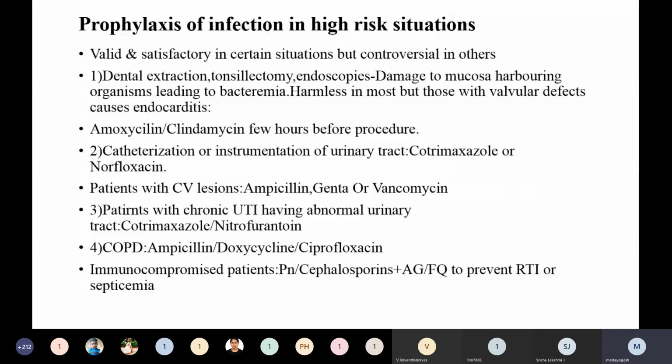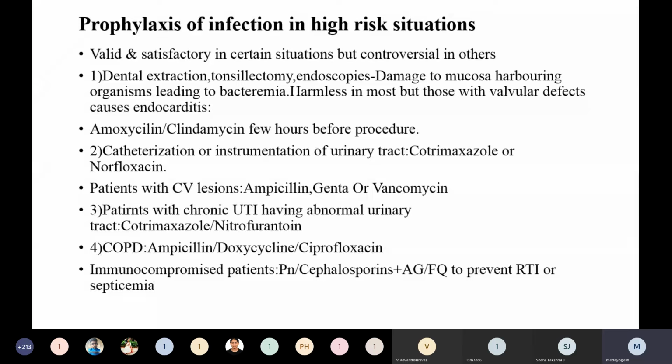Now, sometimes when there is high risk, we have to give prophylactic antimicrobials. This may be satisfactory in certain situations, but is controversial in many. If a patient is undergoing dental extraction, tonsillectomy or endoscopies, there is damage to the mucosa, harboring organisms, and this can lead to bacteremia.